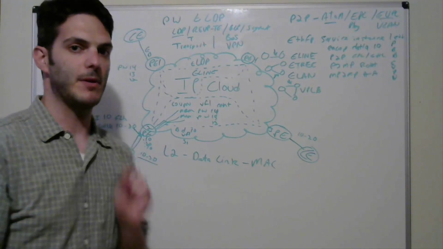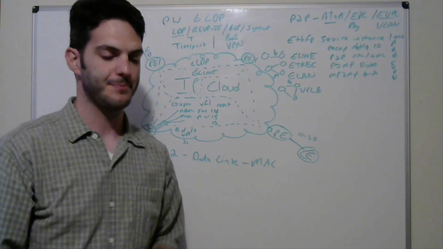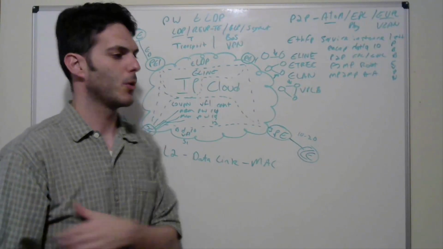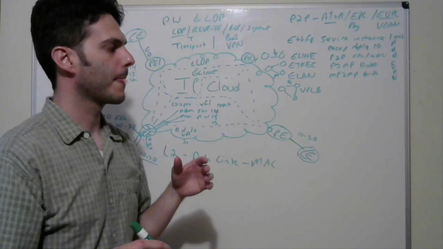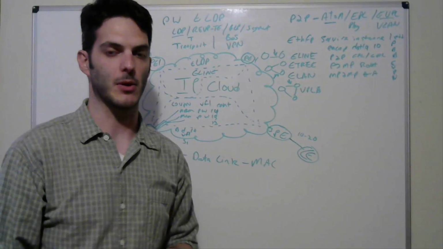The bad thing about VPLS is MAC propagation happens in the data plane. You're not talking about PBB EVPN where you are propagating via BGP, or BGP EVPN, depending on how you want to look at it.